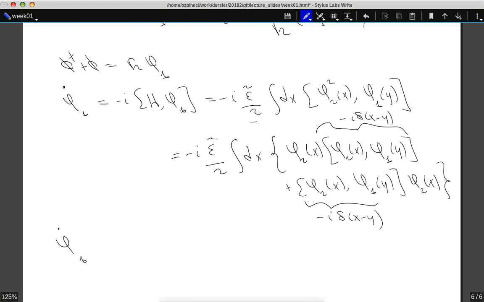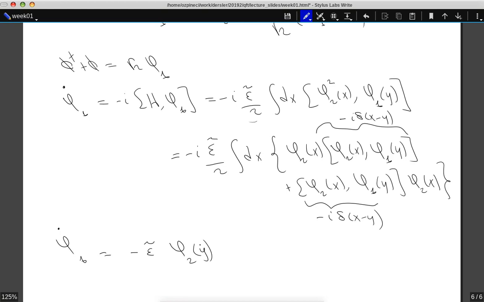So phi 1 dot is minus epsilon tilde phi 2 of y. You see, these two terms basically give me the same result. So I cancel this 2. From both terms I have a minus I. There's a minus I over here.